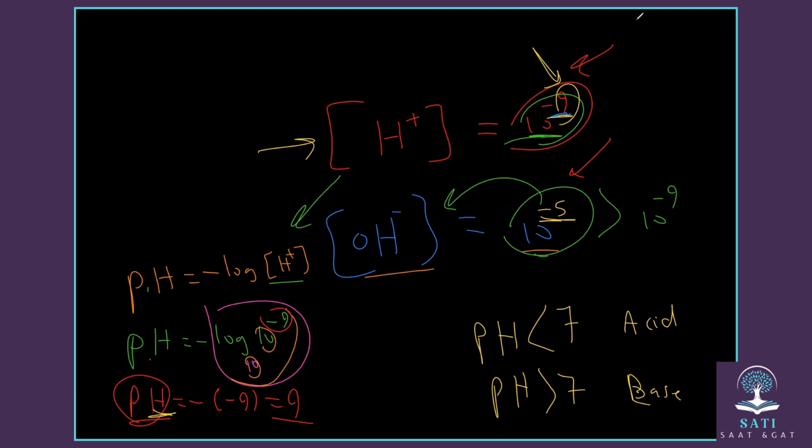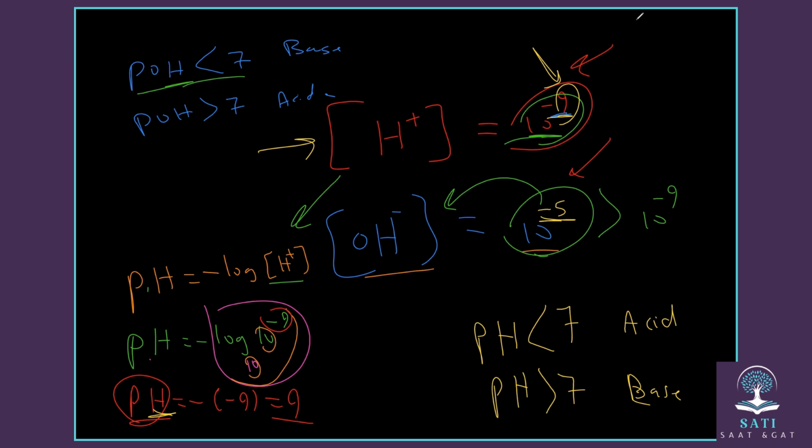Okay, what about the pOH? The pOH is the opposite. If the pOH is less than 7, that means this one is a base. If the pOH is greater than 7, that means this is an acid. And same thing here: if the pOH is less than 7, close to 1, this is a strong base.